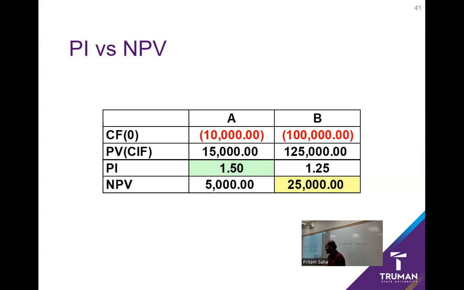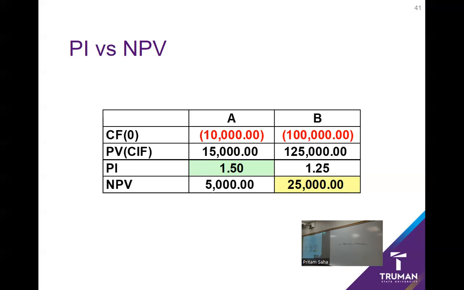But other than that, PI is just a modified version of NPV. It's a very good proxy because it takes care of time value of money, risk, value creation, everything. And it also lets you know, for $1 of investment, how much you are generating. You can think about you're generating 50% here, 25% here, right?